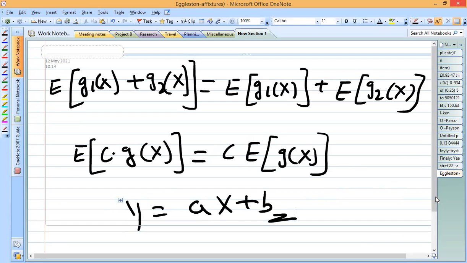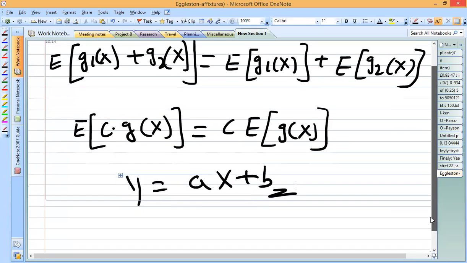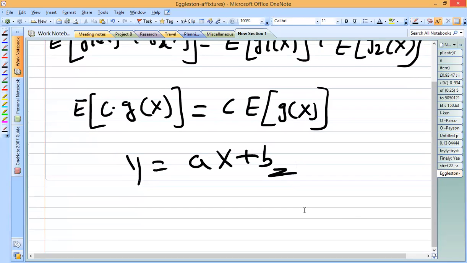Here the random variable x can be transformed, converted into another random variable y, and that can be done using the equation y is equal to ax plus b. Now for such a transformation function, you can apply the expectation operator, which acts as a linear operator.